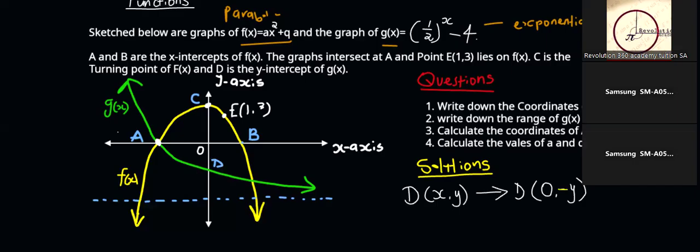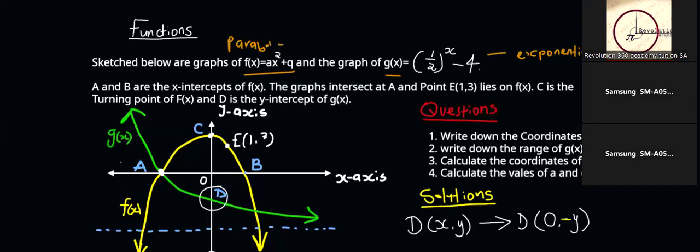Now let's take the equation of this exponential function, and then we want the y-intercept because that is where D is. Since they say write down, you can simply go to the equation and take it as it is.